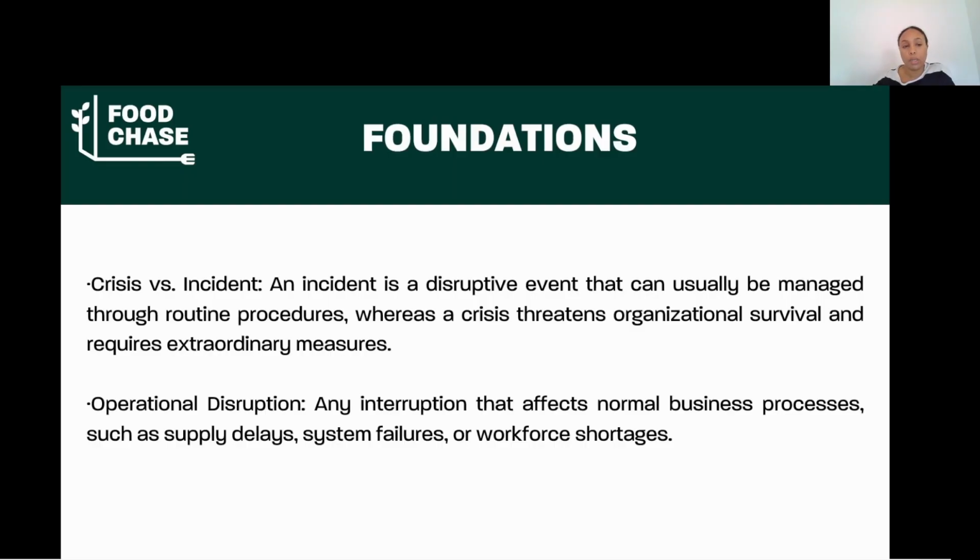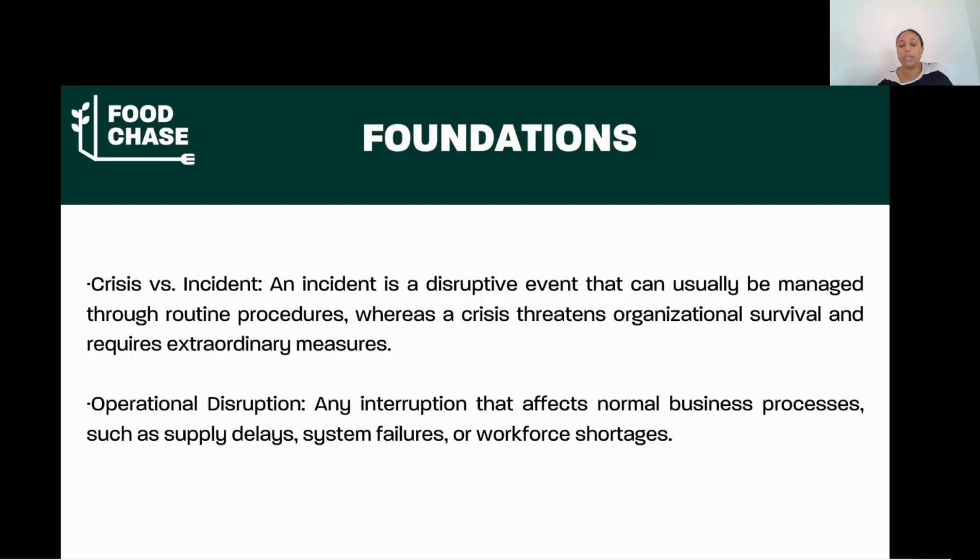The other important distinction is crisis versus incident. An incident is a disruptive event that can usually be managed through routine procedures, whereas a crisis threatens organizational survival and requires extraordinary measures.